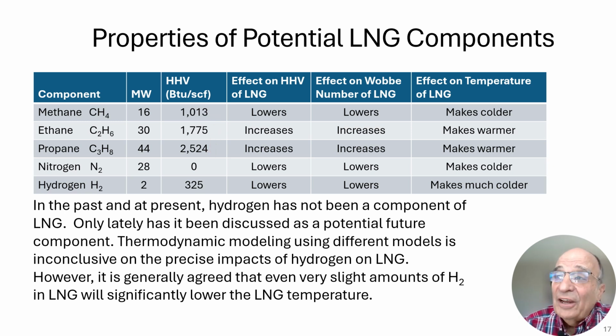There may be some higher hydrocarbons, there may be pentane, although there won't really be any significant amount of that in LNG. And what effect does it have on Wobbe number? Well, the more methane you have, the lower the Wobbe number. What effect does it have on the temperature of the LNG? It makes it colder. The more methane you have, the colder the LNG gets, and that's because it has the highest volatility, which we already discussed.